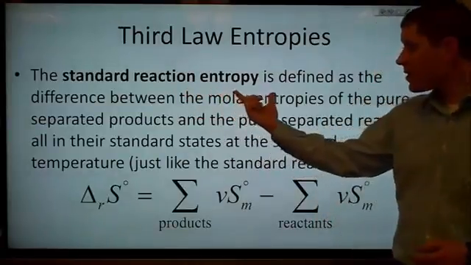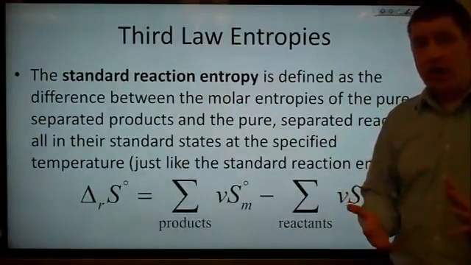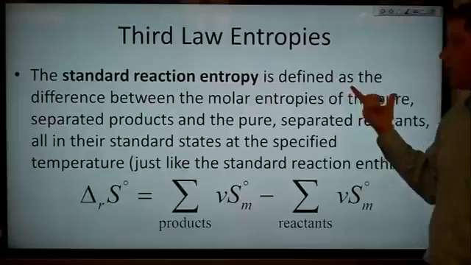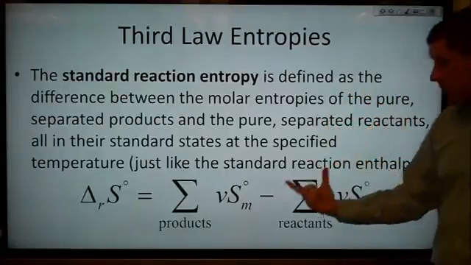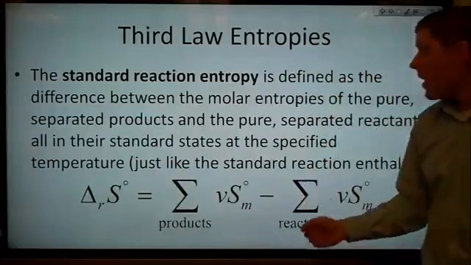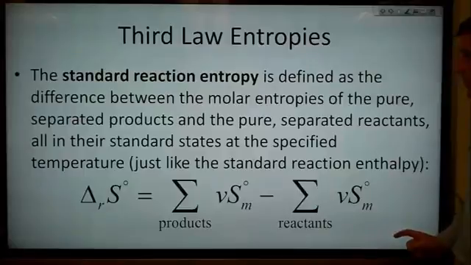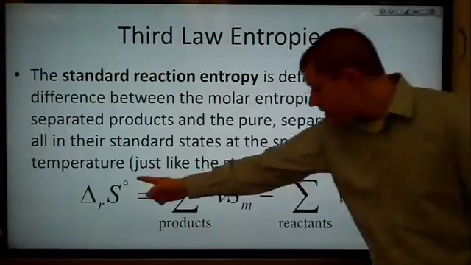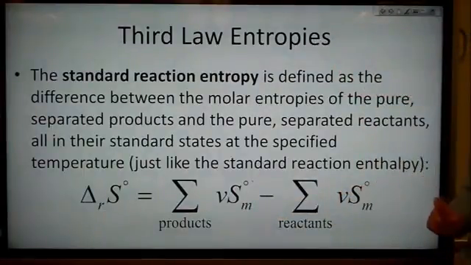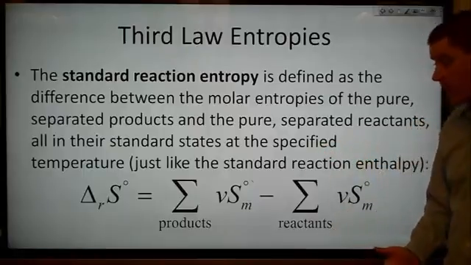And so the standard reaction entropy, the change in entropy involved when we have a reaction occur, is defined as the difference between the molar entropies of the pure separated products, so that's this term, and the pure separated reactants, that's this term, all in their standard states. Right? So that's why we have these naughts here on our entropies. And it's at the specified temperature, whatever the temperature that we're talking about is.